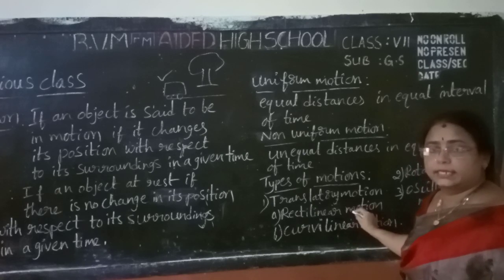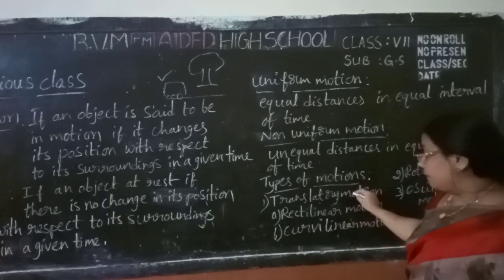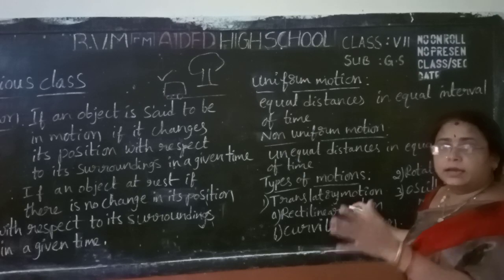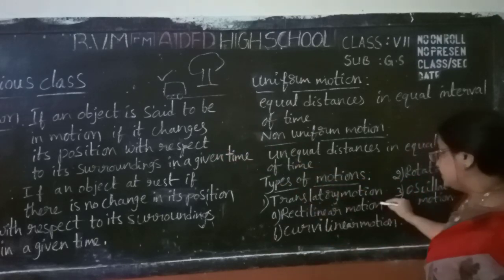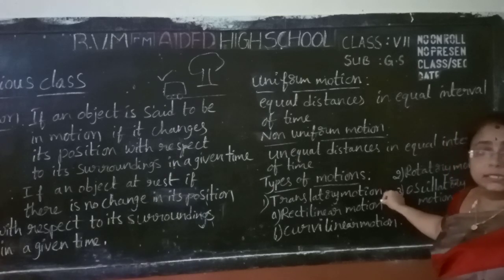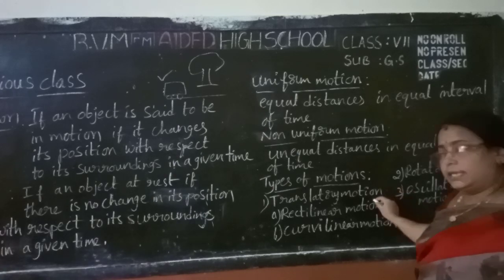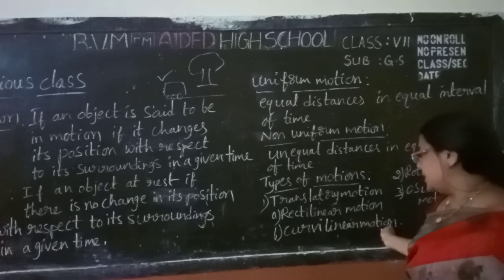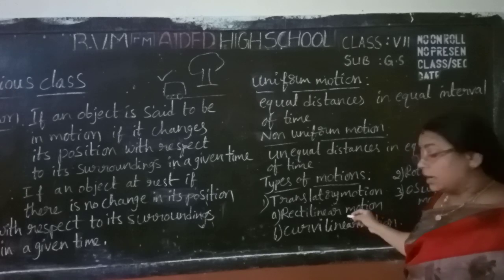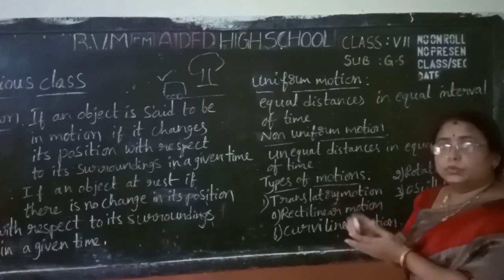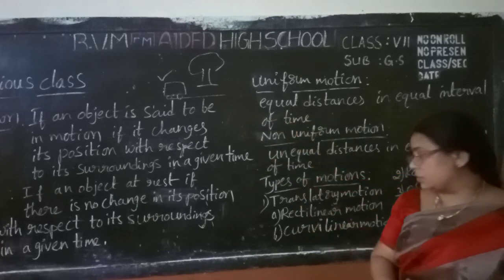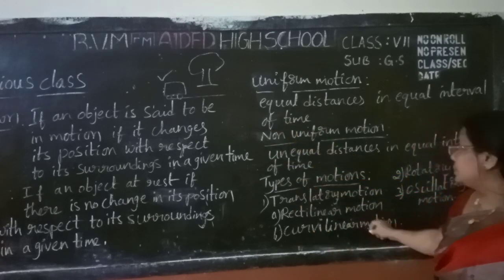What is called rectilinear motion? If a body in translatory motion moves in a straight line, it is said to be in rectilinear motion. Next, curvilinear motion. If a body in translatory motion moves in a curved path, that is called curvilinear motion.